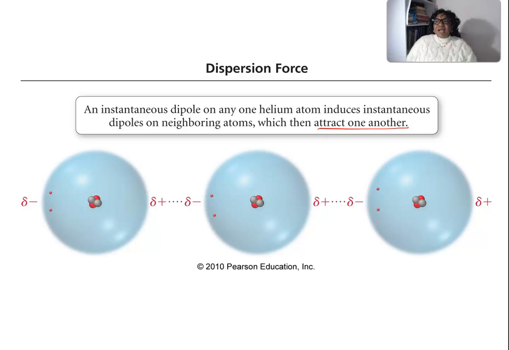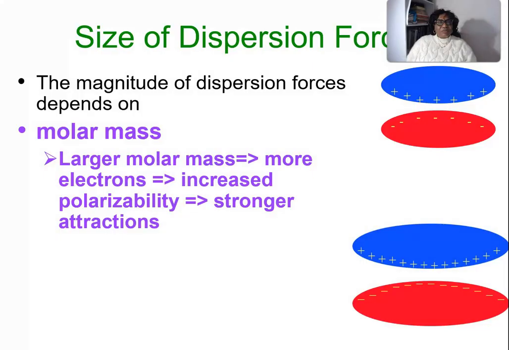Let's look at the size of a dispersion force. The magnitude of dispersion forces depends on the molar mass. Larger molar mass means more electrons and increased polarizability, leading to stronger attraction.